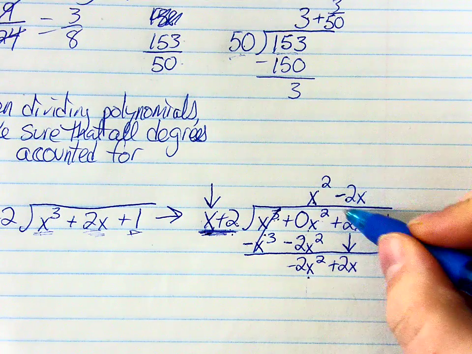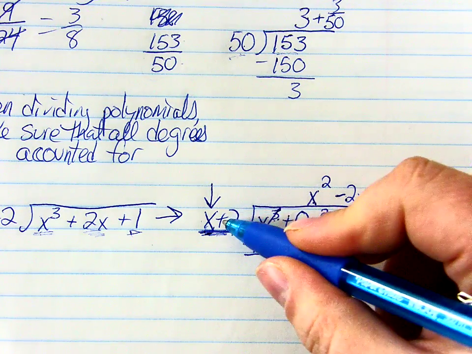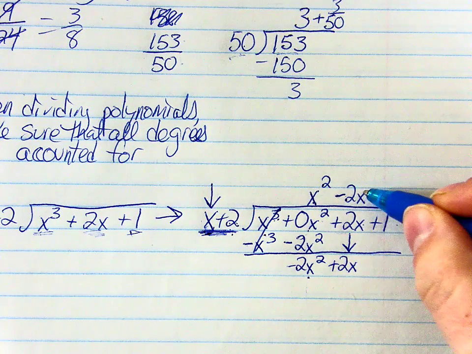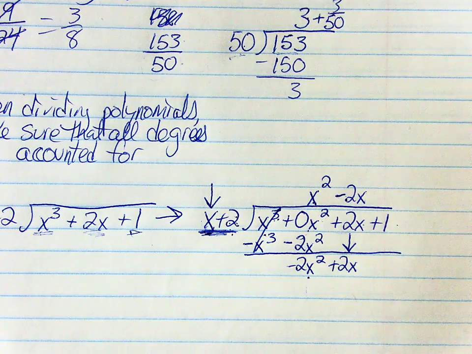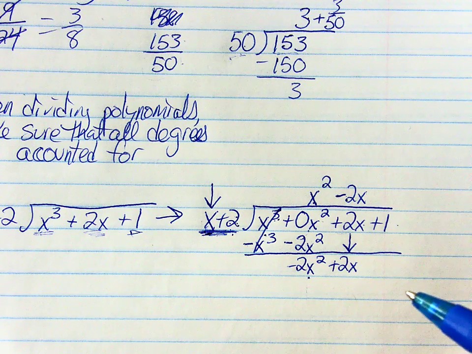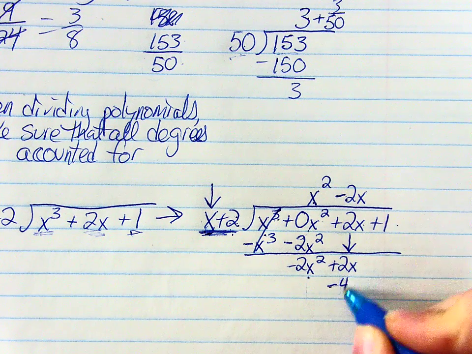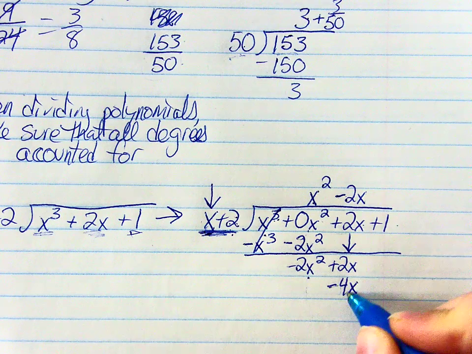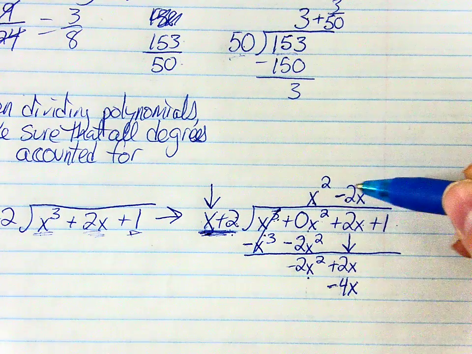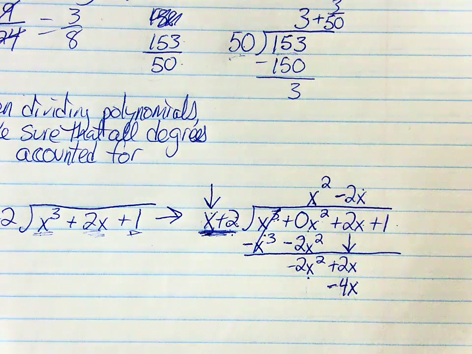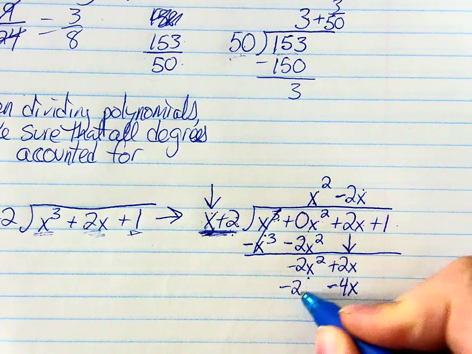Now I'm going to take negative 2x and I multiply by what's out in front. So what is negative 2x times 2? Negative 4x, right? So I write it down here in the x column, negative 4x. And then negative 2x times x is negative 2x squared.